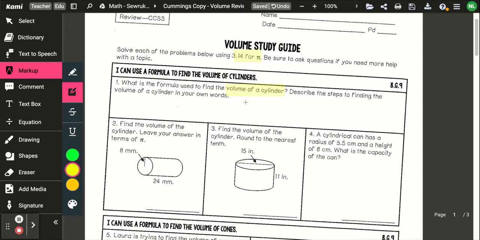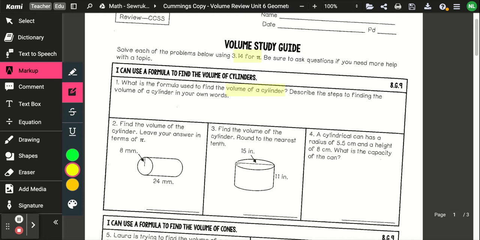Remember what a cylinder is. Hint, hint. See these two shapes down here? That's a cylinder. So you have to write down the formula, and then you have to describe in your own words how to find the volume. Remember, the base of a cylinder is a circle, and it's just kind of a long circle, if you will.